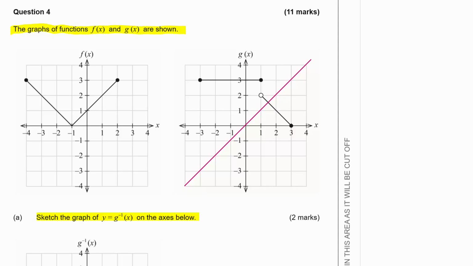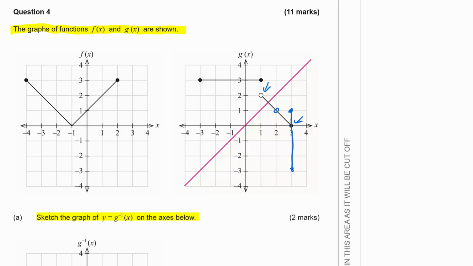So if we look at this point to start with, that would reflect to here. This point here will reflect to here, and so that part is going to be like so. So this point here would reflect to here.